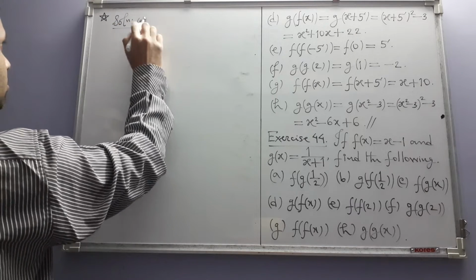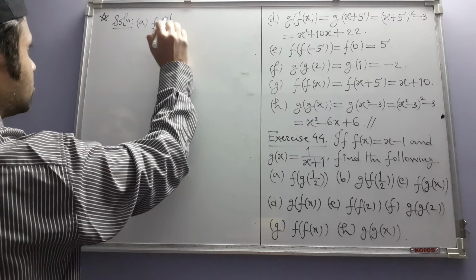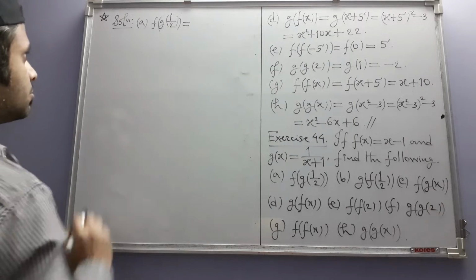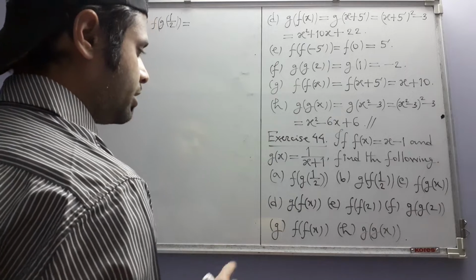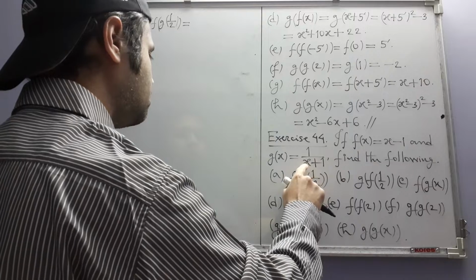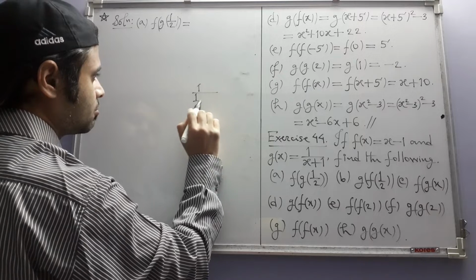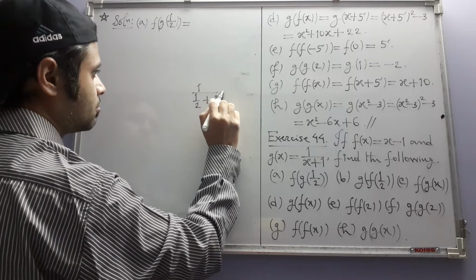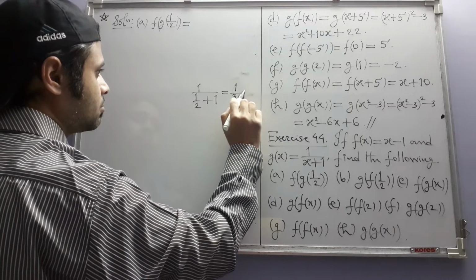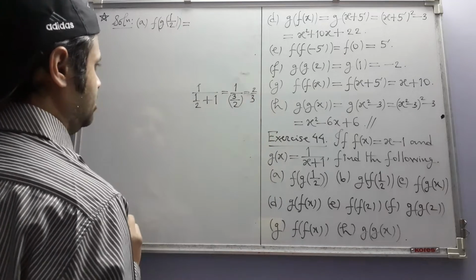Solution: A, f of g of 1 over 2. Okay, g of 1 over 2 will be what? 1 over 1 plus 1 over 2, it will be like this. That means 1 over 3 by 2, which is 2 by 3.